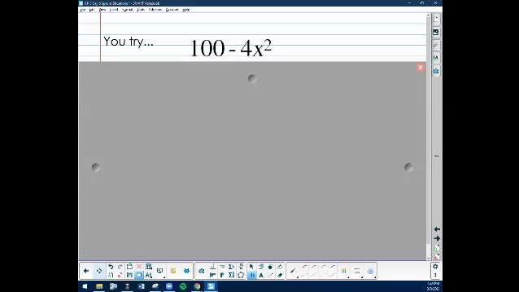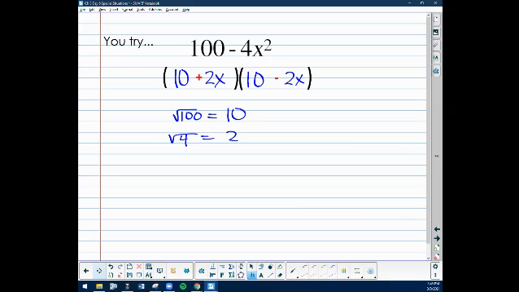Square root of the first one, square root of the second one. The first one goes in the first spot, the second one goes in the second spot. So pause, try this. All right, hopefully you got 10 plus 2x and 10 minus 2x.